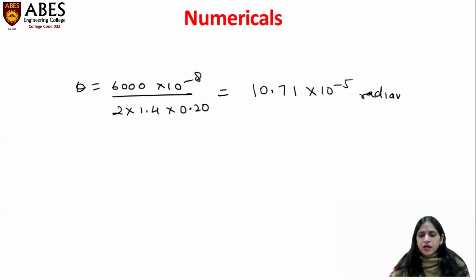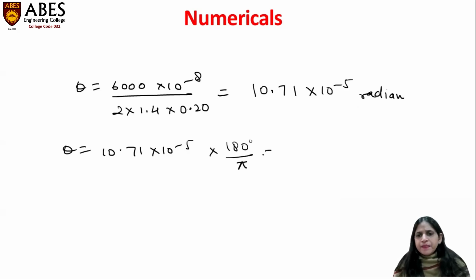But the question is asking in seconds. So what we will do is, theta is equal to 10.71 into 10 to the power minus 5 into 180 degree by pi. When we solve this, this will give you the answer in degree. And when we put this degree, 0.0061 into 60, then we will get the answer in seconds.